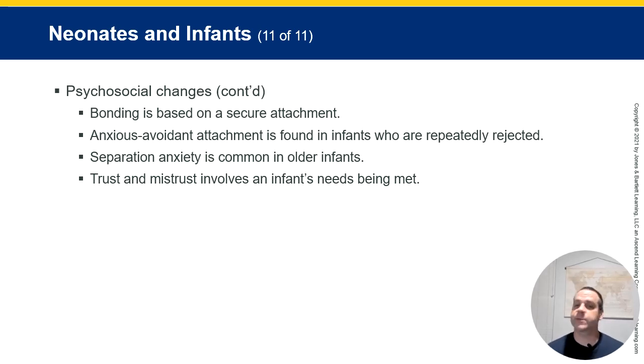When caregivers respond consistently and lovingly, infants learn that the world is a safe place and that people can be trusted. But when caregivers are inattentive, inconsistent, emotionally unavailable, the infant may develop a deep-rooted sense of mistrust, which can impact emotional development well into adulthood.